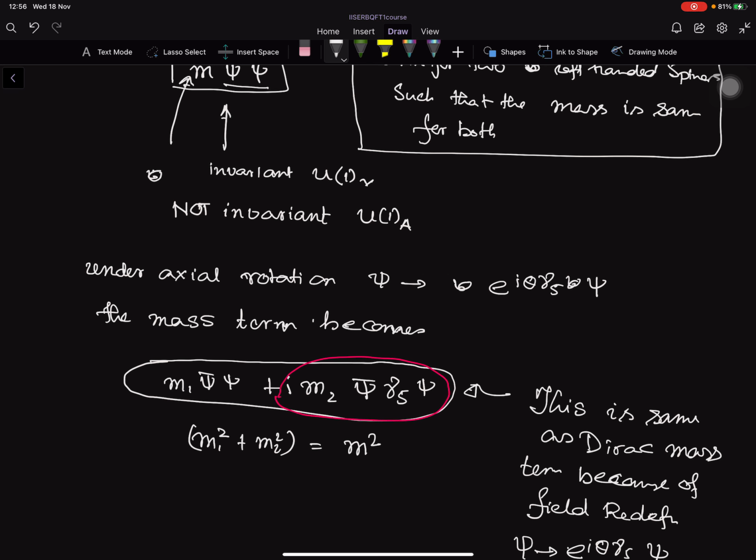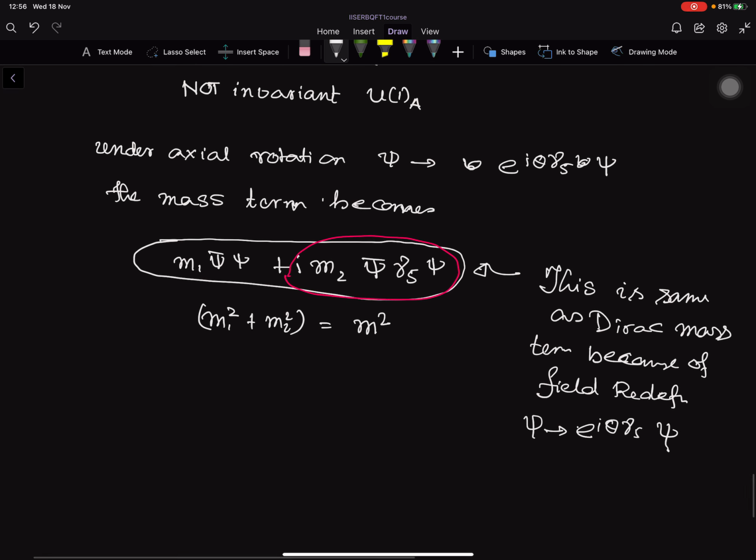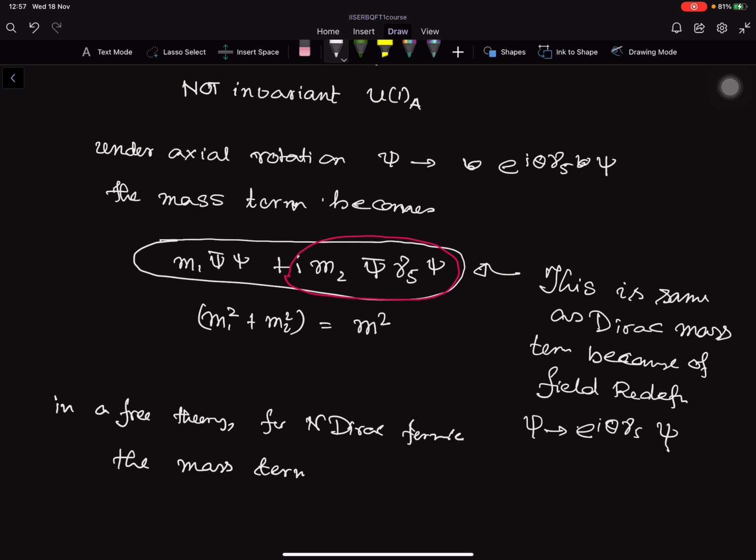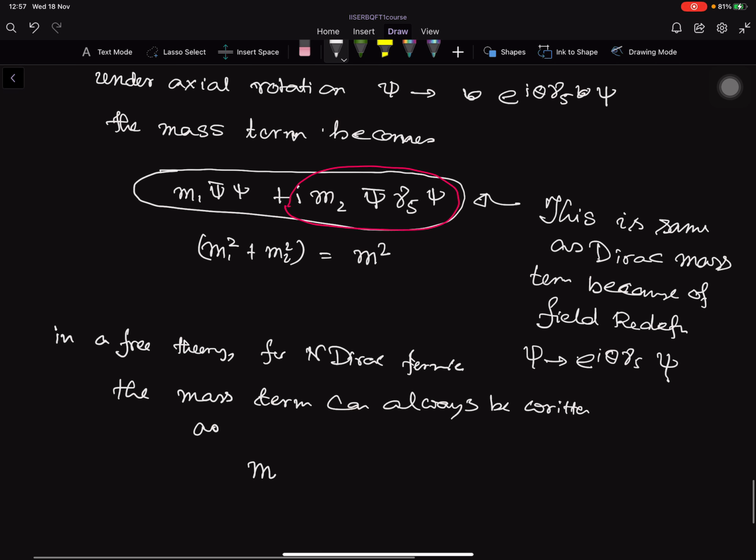I encourage you to go through that, and the statement is that in a free theory for n Dirac fermions, the mass term can always be written as m_i psi bar_i psi_i.